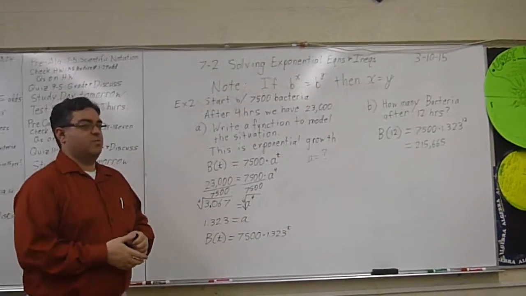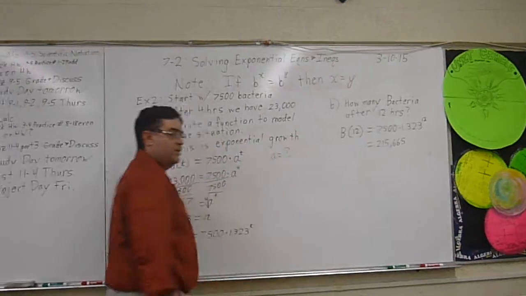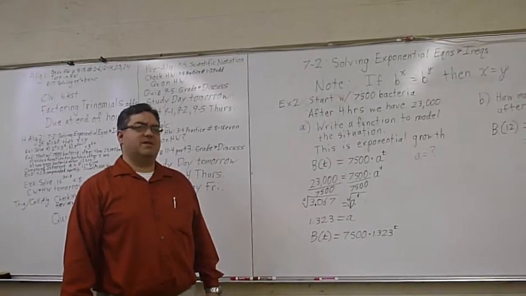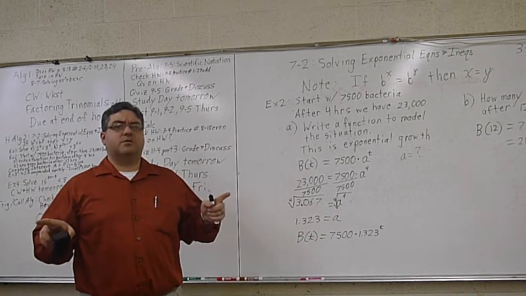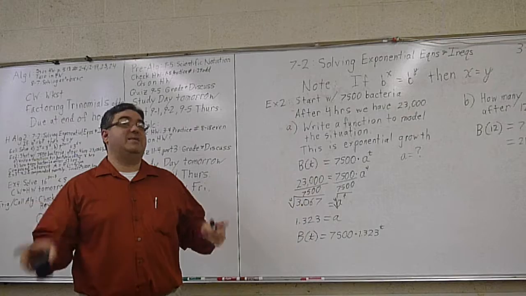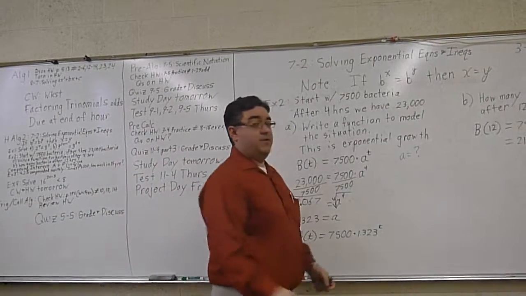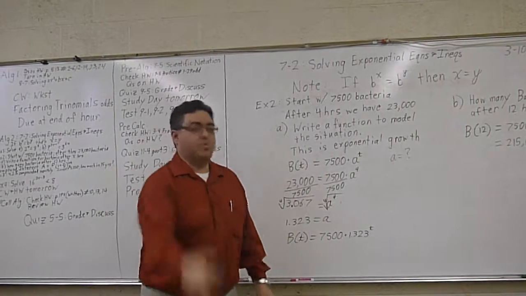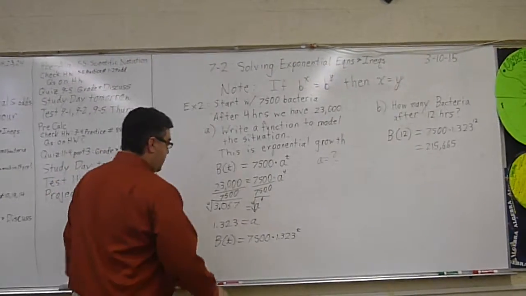Viruses grow real fast. They're some of the fastest growing things out there. There's a virus, I don't remember which one, that doubles every 15 minutes, which is why when you get sick with that particular virus, you get sick really fast. Okay, so that's example 2.